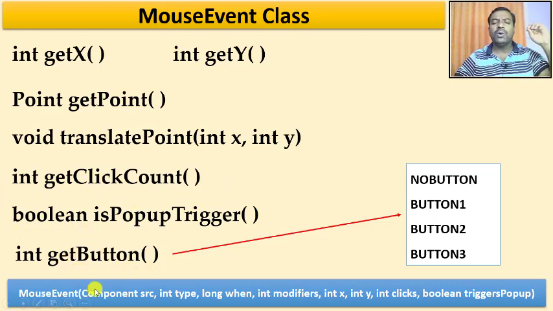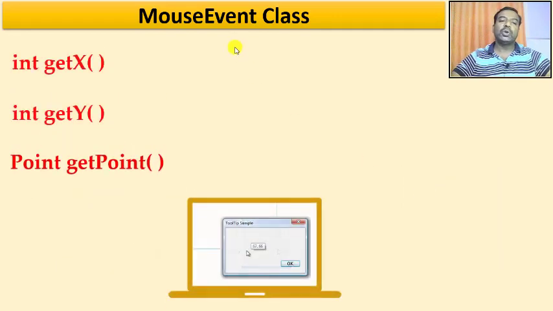And I can know which button has been pressed by using this method. It will return the constant for button 1 if button 1 is pressed, and if button 3 is pressed, it returns the constant value of button 3, and if none of the buttons is pressed, I get the value NOBUTTON. So this is what the MouseEvent class is going to do.